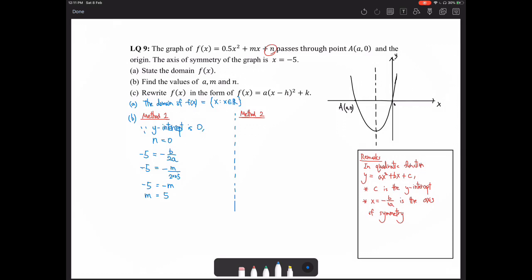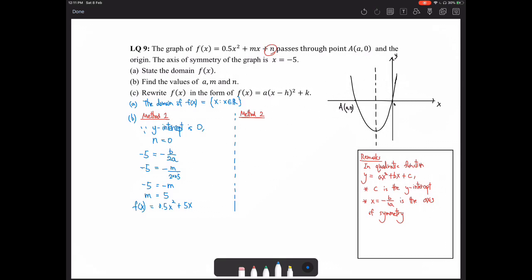How about a? Let's have a look. We know m is 5. We know n is 0. So that means the function is f of x equals 0.5 x squared plus 5x plus 0.